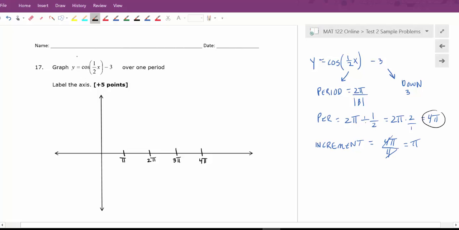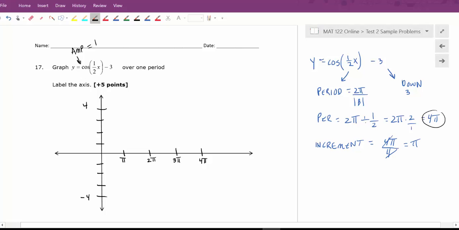Okay, this thing has an amplitude of 1, but we are going to be moving everything down 3, so our y value needs to go down from a minimum of -1 to a minimum of -4. So I'm going to go like this, 1, 2, 3, -4, then up 1, 2, 3, 4 like this, and then get this put together.